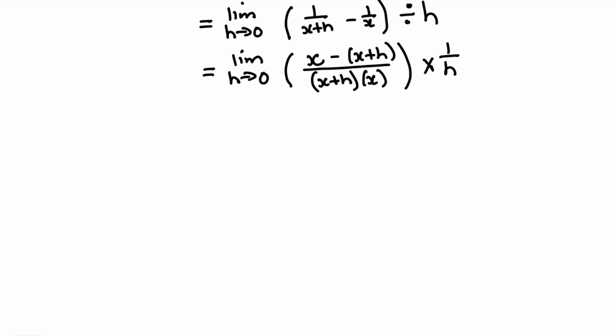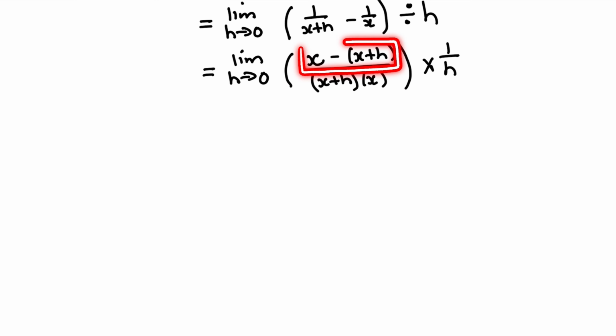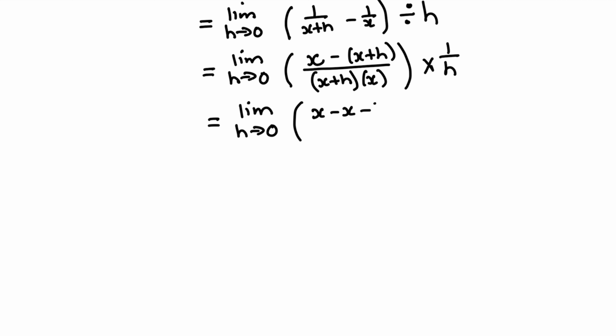So now that we have rewritten the numerator, or the first fraction, as a single fraction, we can add like terms together in the numerator. So we'll have, this is the limit of h towards 0. Keep the brackets. This is x minus (x + h) over (x + h) times x.